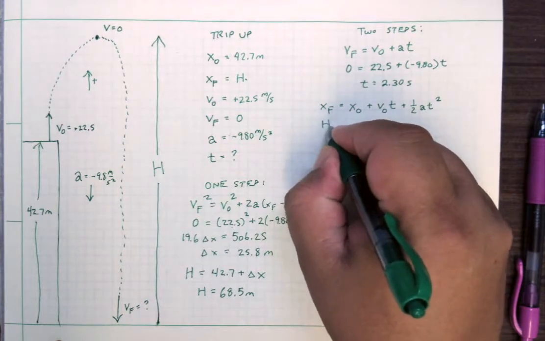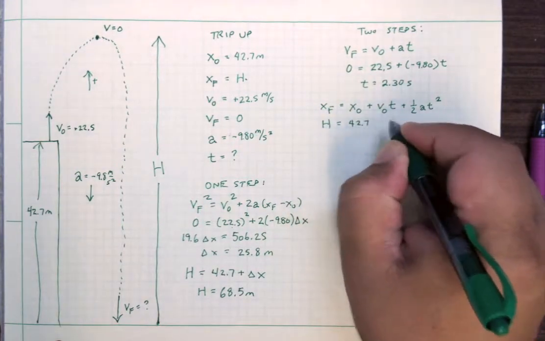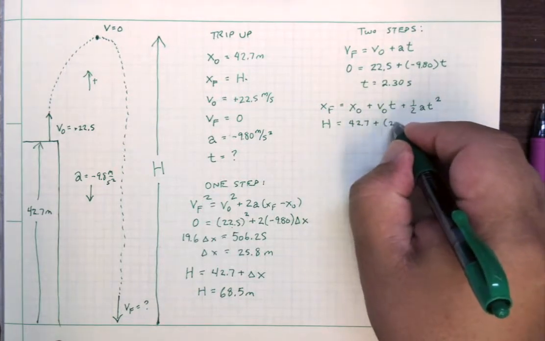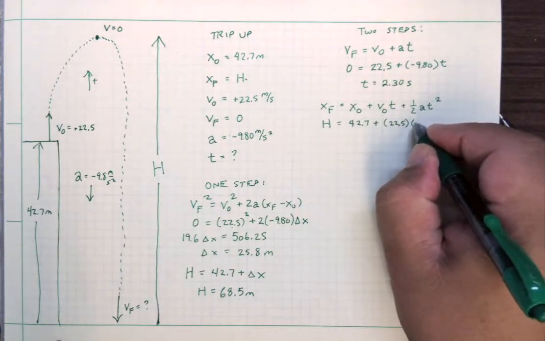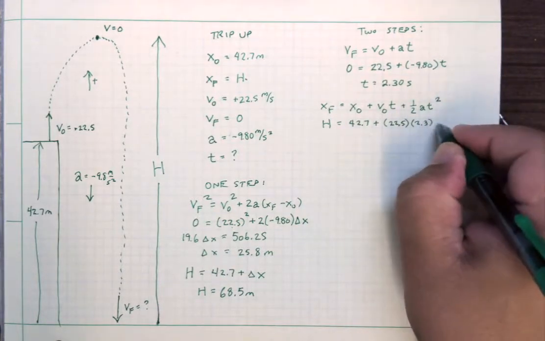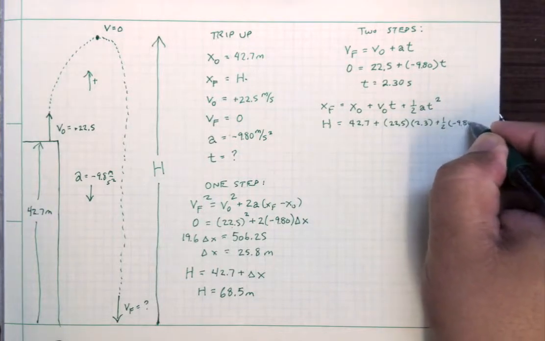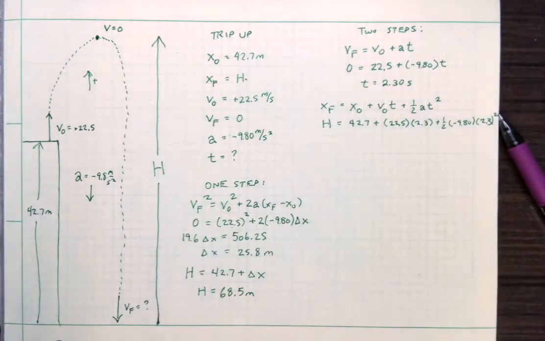That final position is h. The initial position, remember, is the height of the cliff, 42.7 meters. The initial velocity, 22.5. The time up, 2.3. The acceleration is negative 9.80, very important, and the time squared.